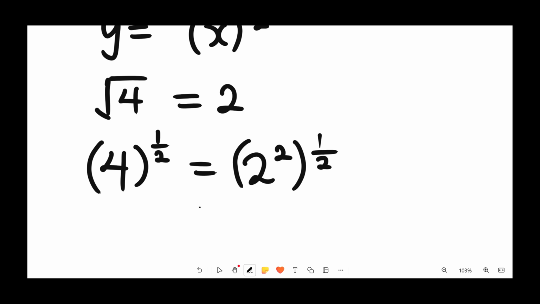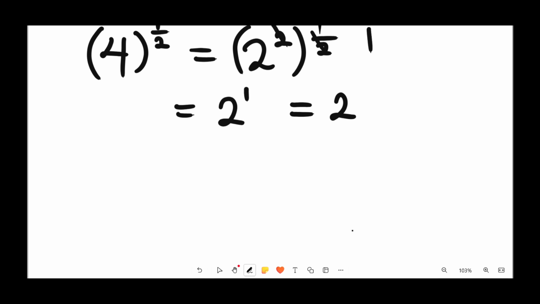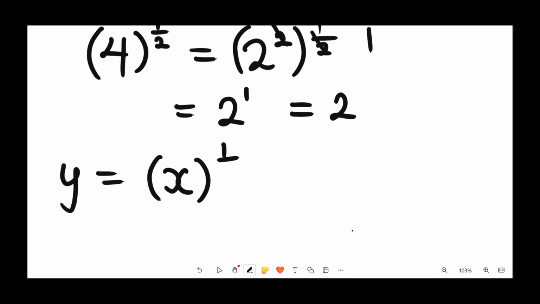So we get 2, with this power multiplied by the power outside, which is half. So we are going to get 2 times half, which is 1, and that will be 2 exponent 1, and it is equal to 2. So it implies that our function y is equal to the square root of x can be expressed as y is equal to x in bracket having a power of 1/2.